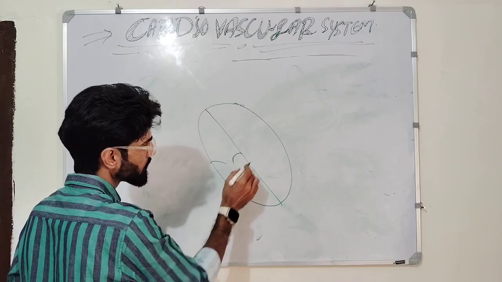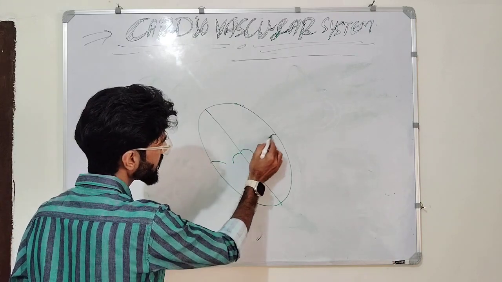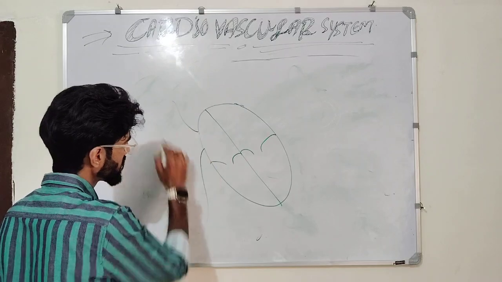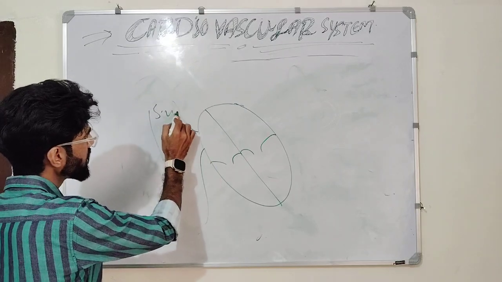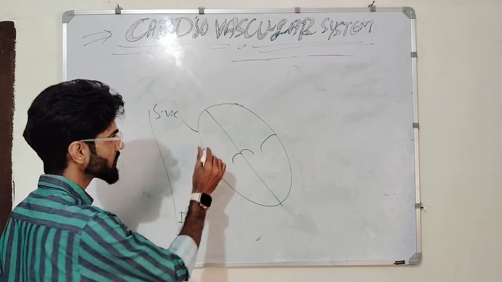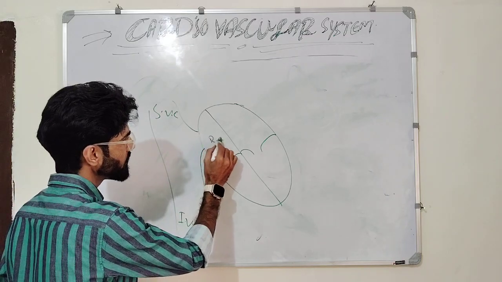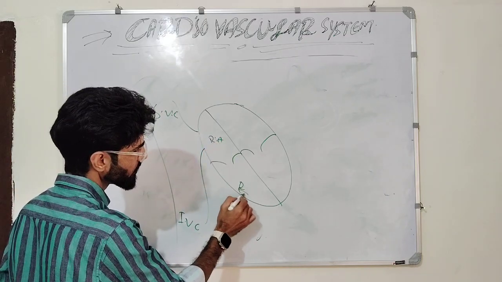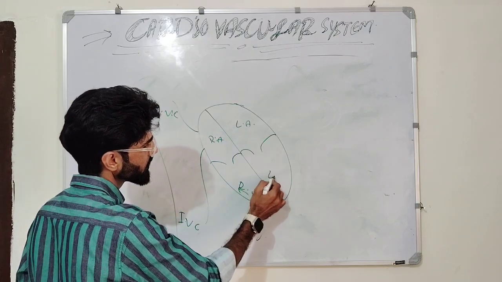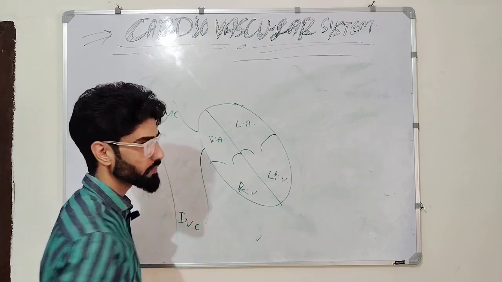Okay, this is the tricuspid valve and this is the mitral valve. This is the superior vena cava and this is the inferior vena cava, and this is the right atrium, right ventricle, left atrium, left ventricle.